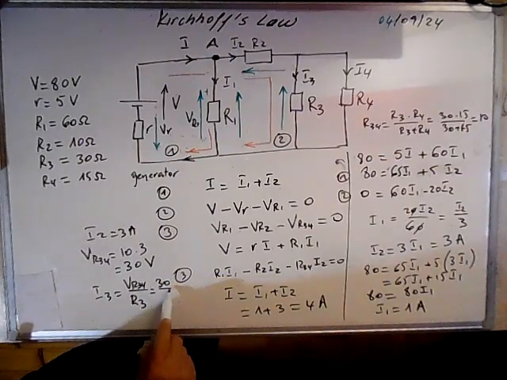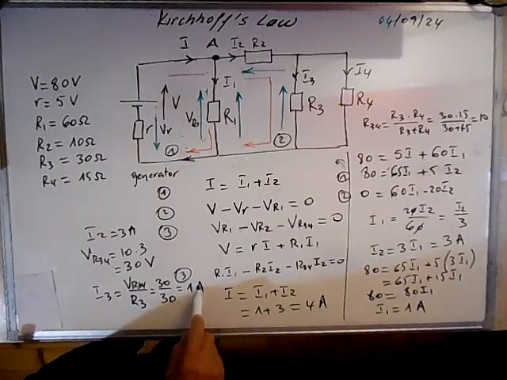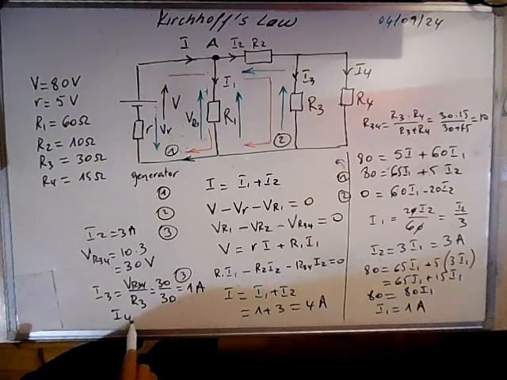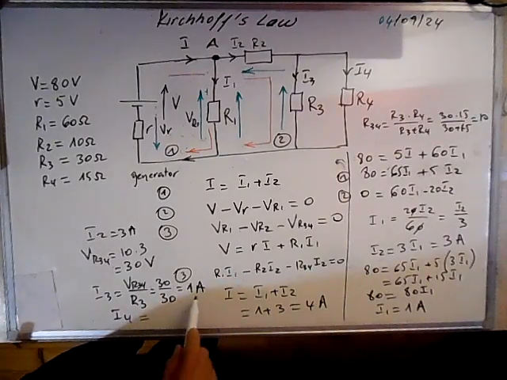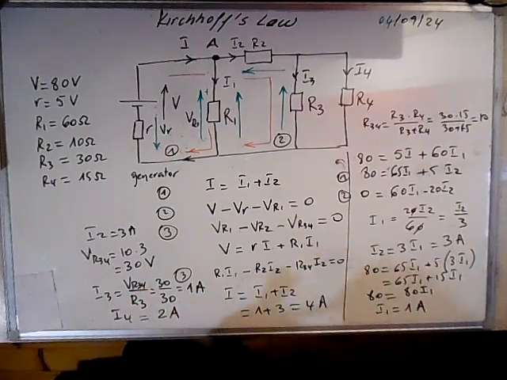This is 30 over 30. It's 1 amp, and I4 will be the difference, so it means it's 3 minus 1, so it's 2 amps. And that's it. We calculated all the currents, and thank you very much.